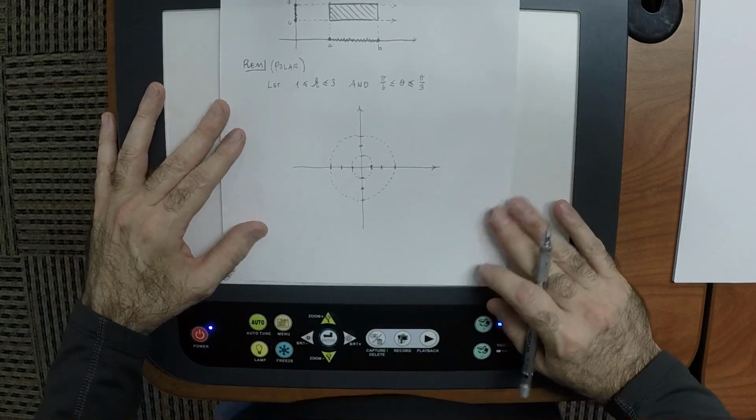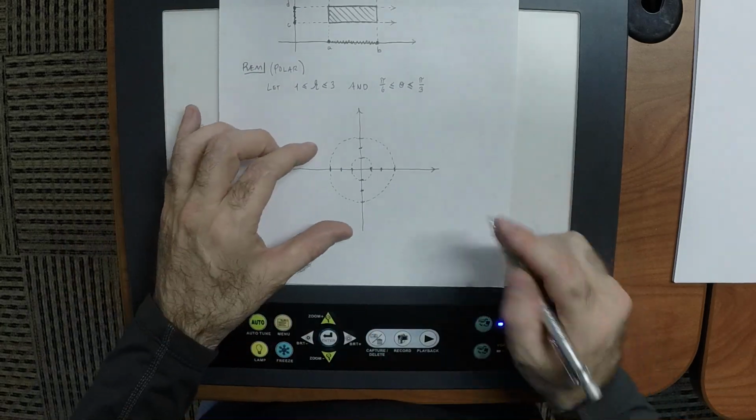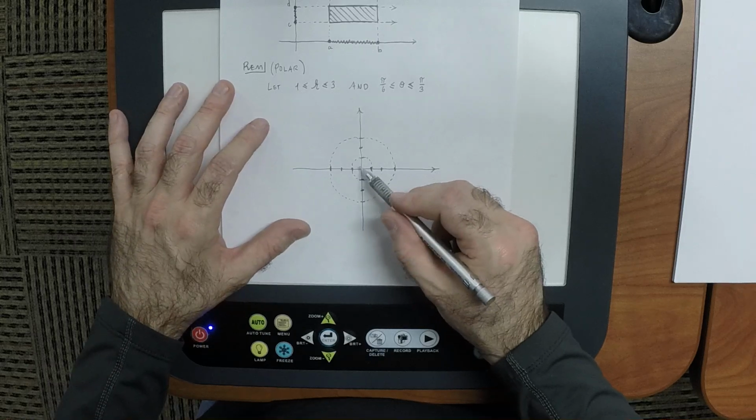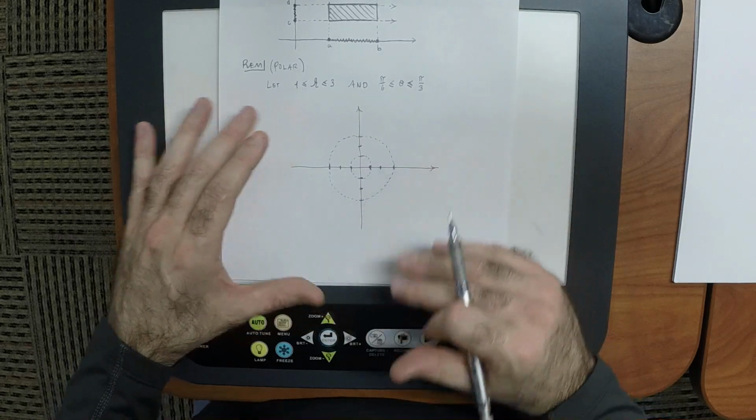So to satisfy the first condition, you've got to be outside of the little circle and inside of the big circle.